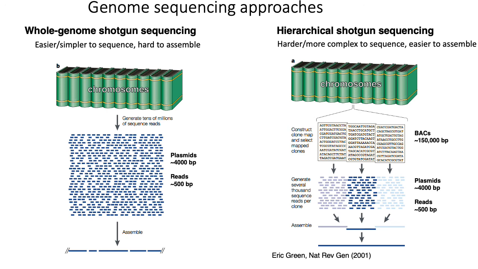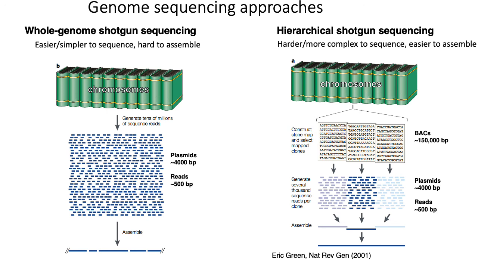The so-called newer camp thought this hierarchical approach is really slow, because you have to organize these different BAC libraries and piece them back together in a very hierarchical fashion.